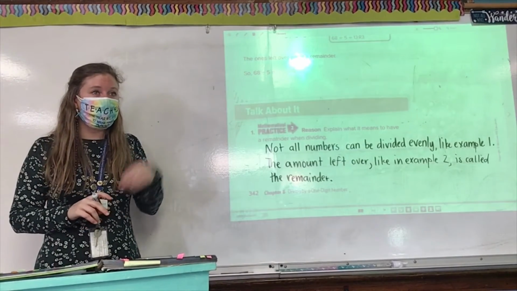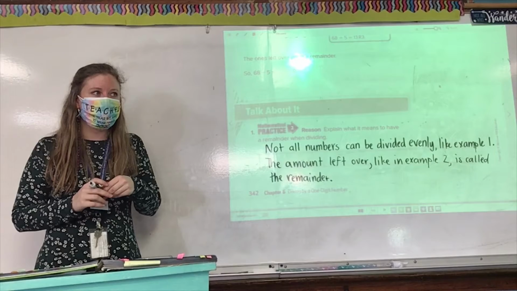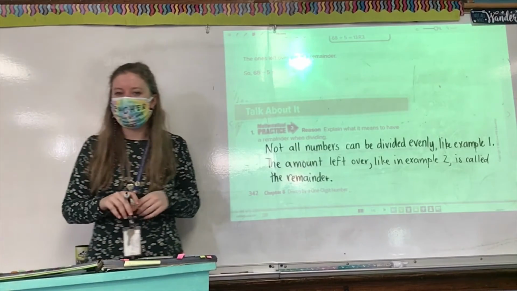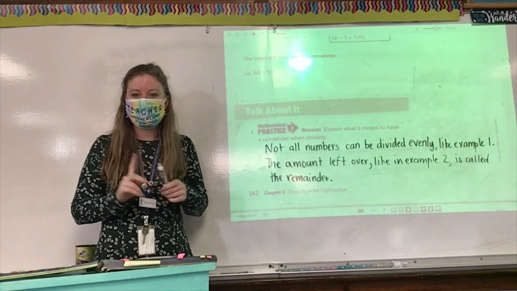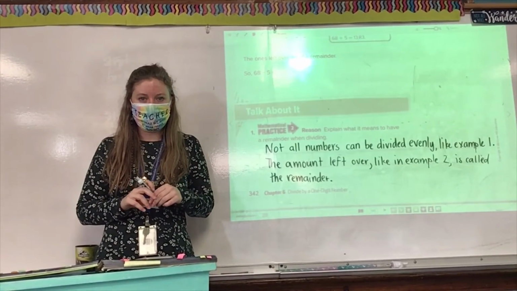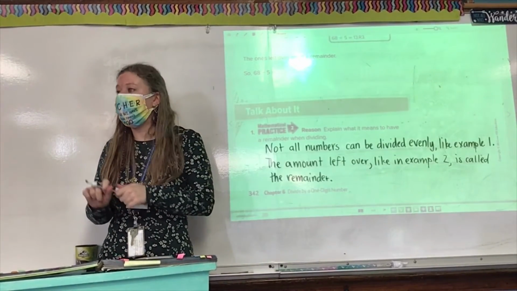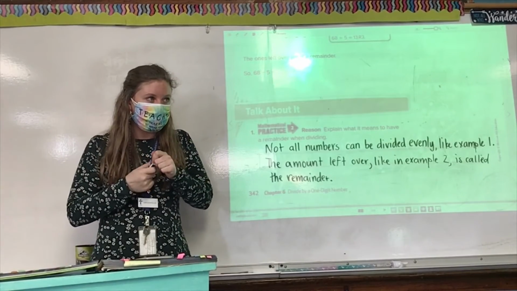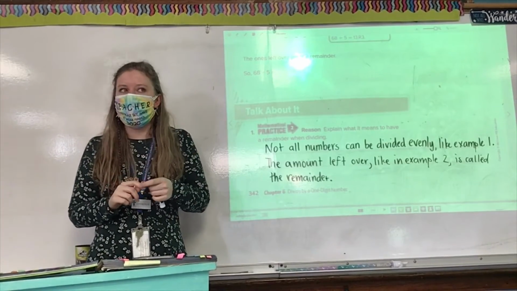Remember, when we're writing our quotient, how do we show what the remainder is? What symbol do we use to show the remainder? Smith. A capital R. Make sure it is capital.